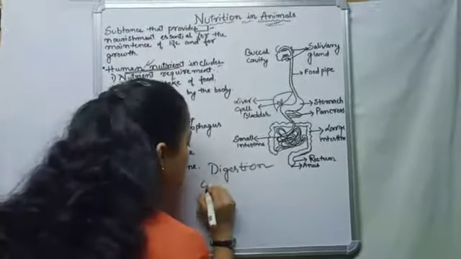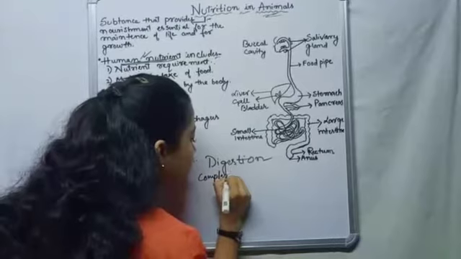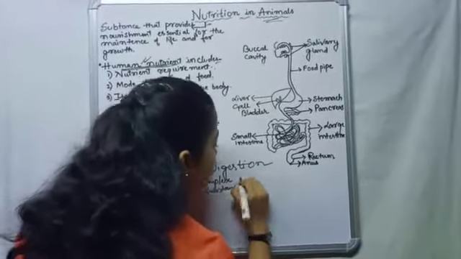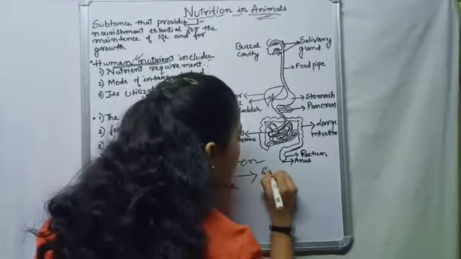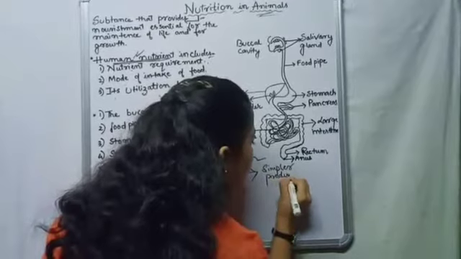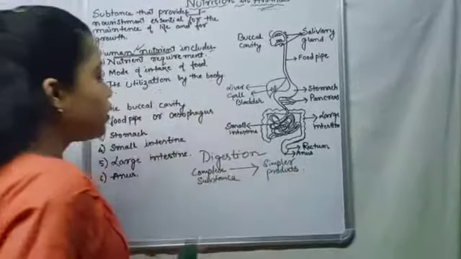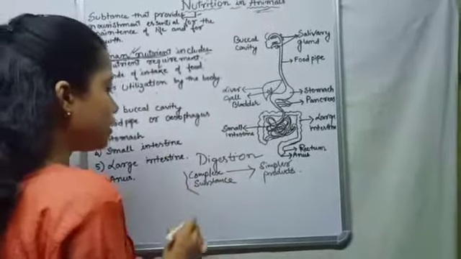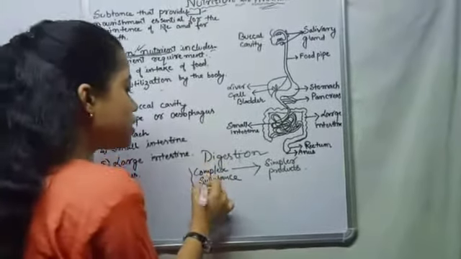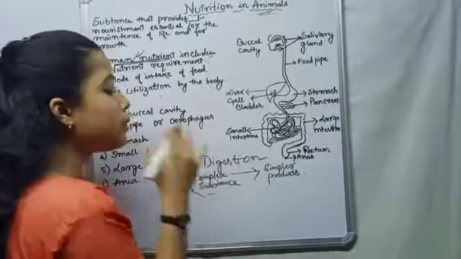Now see, complex substance to simpler products. I have put here a general equation of digestion, meaning conversion of complex substance to simpler substance.